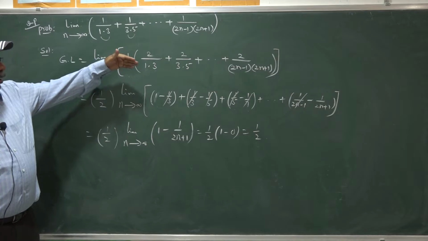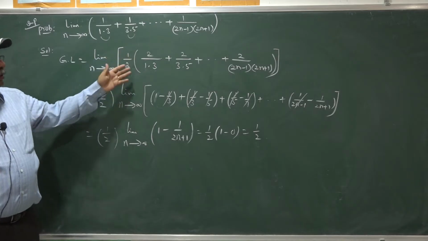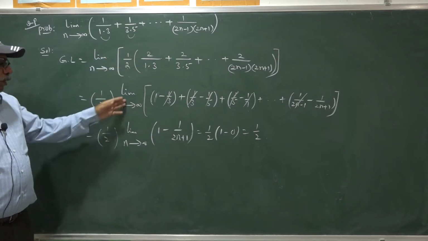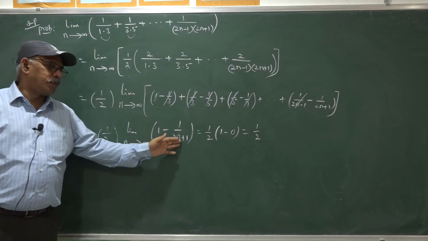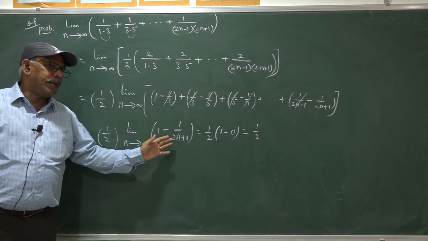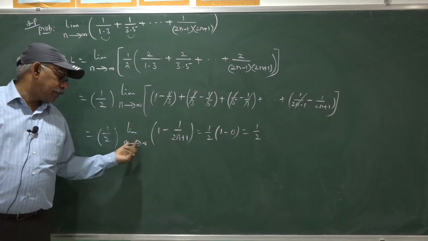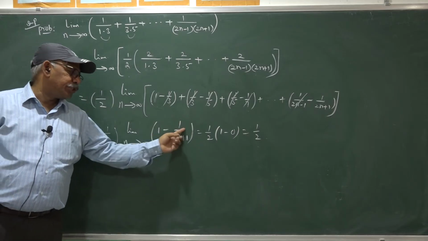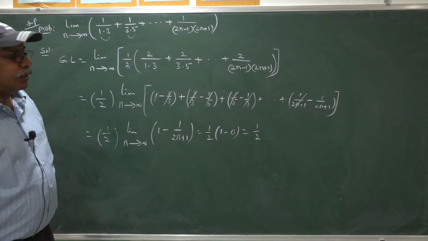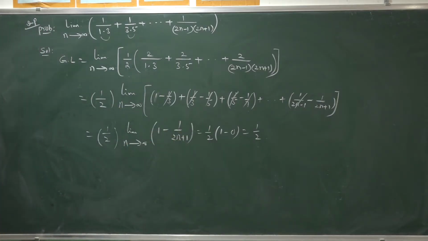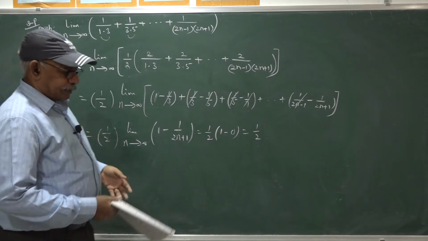So, apply that telescopic method to reduce the given limit to a function in 1 by n, so that as n goes to infinity, this part becomes 0. 1 minus 0 gives us 1 by 2 into 1, that is half, the required limit. So, you can use the telescopic method to evaluate such limits.